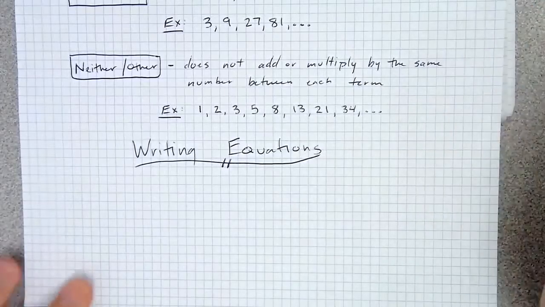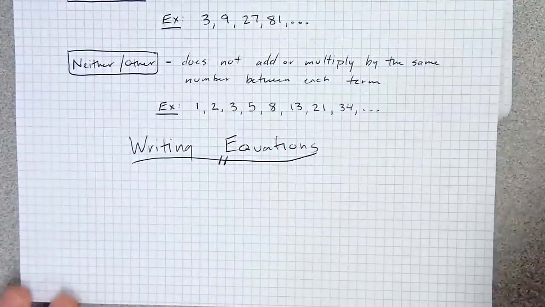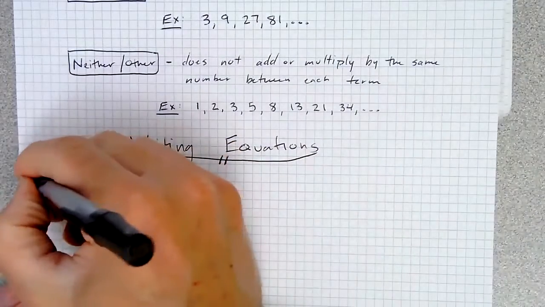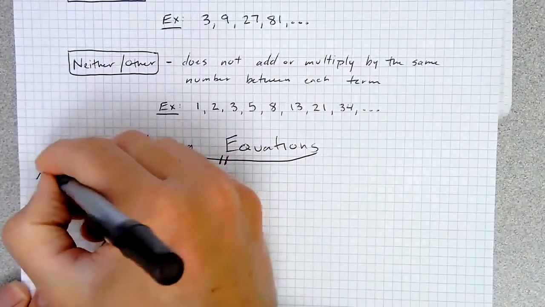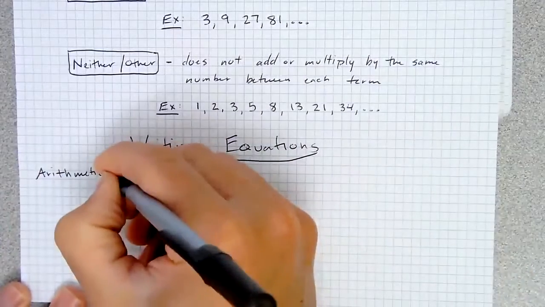Okay, so the equations for these sequences are different, but the arithmetic one is very similar to a linear equation.